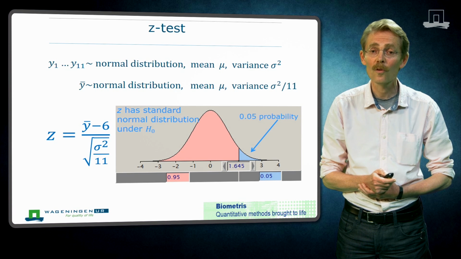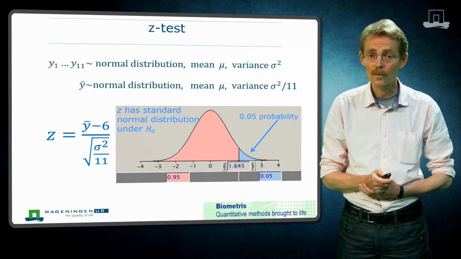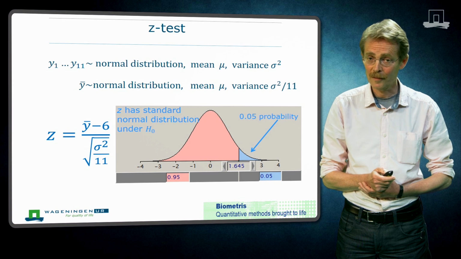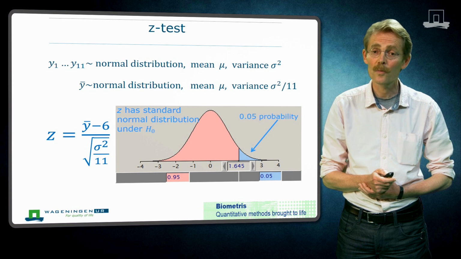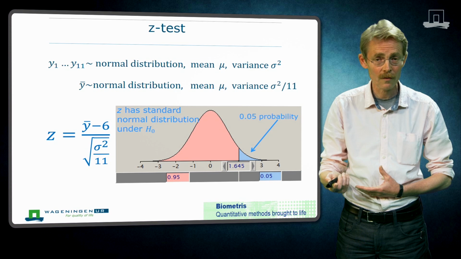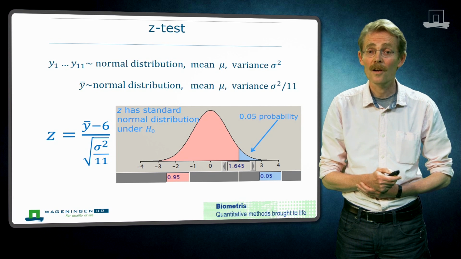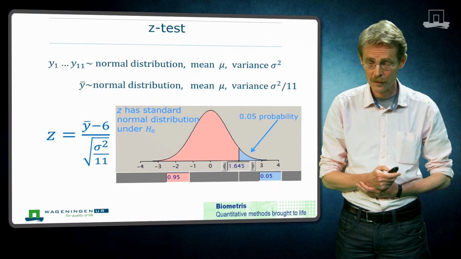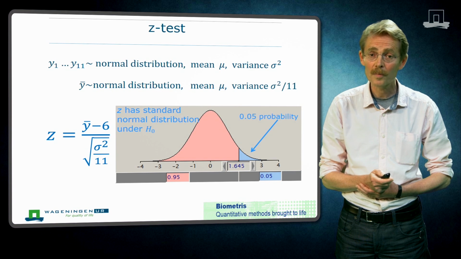That's 1.645. So if the outcome of z exceeds 1.645, at the same time we have a high outcome which points towards the alternative hypothesis, and we have an outcome that has a small probability of occurring under the null hypothesis. So we don't believe the null hypothesis and we will reject.